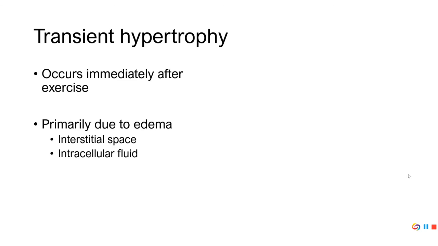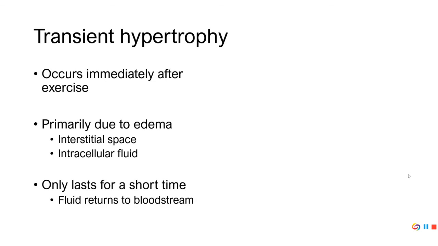Now, with transient hypertrophy, if something's transient, it doesn't last very long, it goes away. This is the hypertrophy that occurs immediately after exercise, and this is just due in large part to edema. So we've got fluid moving into the muscles. We increase the amount of fluid in our interstitial fluid, as well as the amount of fluid in the intracellular space.